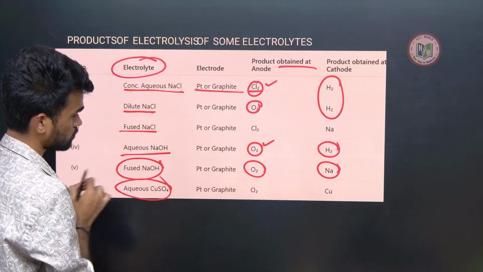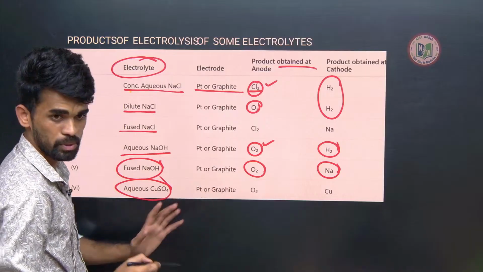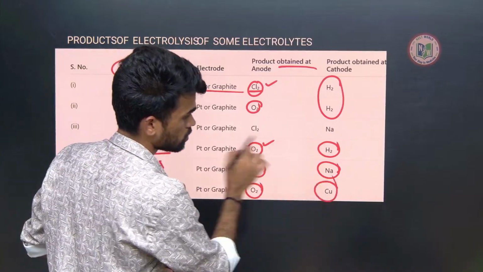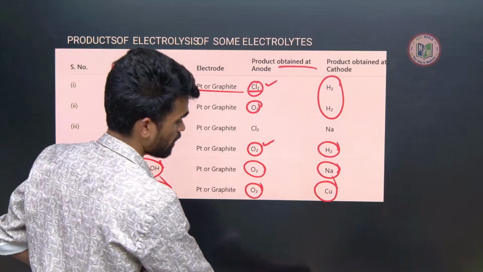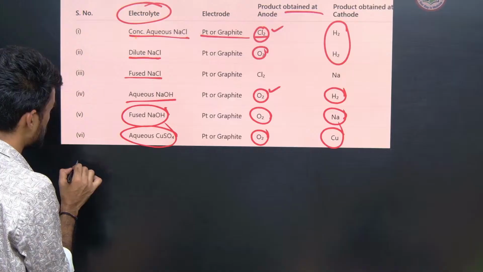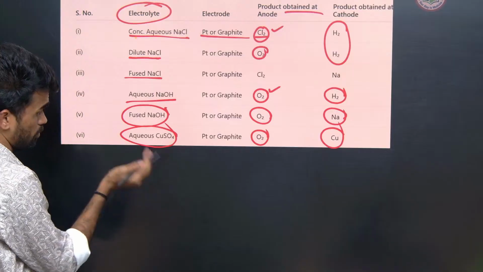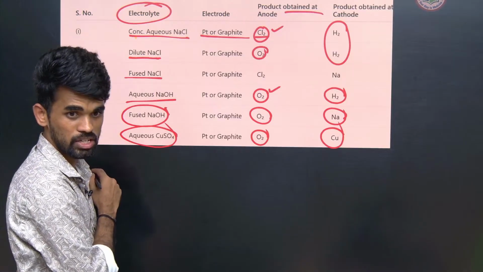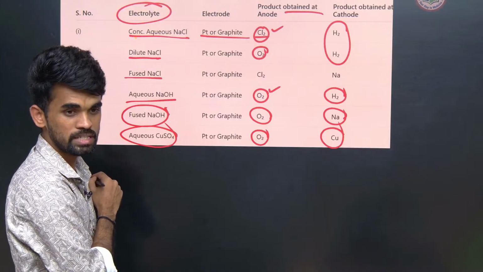Next, what happens? O2 Cu, okay. So now I will be giving you one more question here. Let us bring the organic reactions here. So Kolbe's electrolysis method we will see.